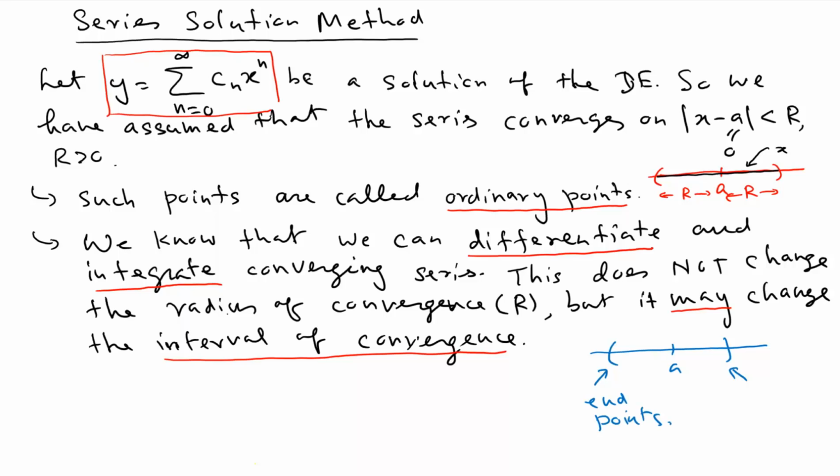And then there are two questions. When we have a power series, what's going to happen if you take a derivative of the power series? What's going to happen to the index?